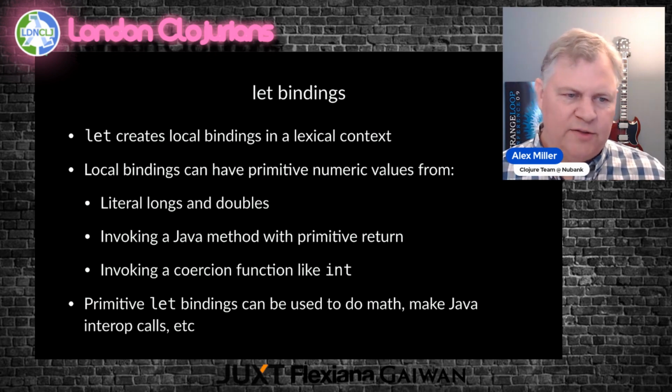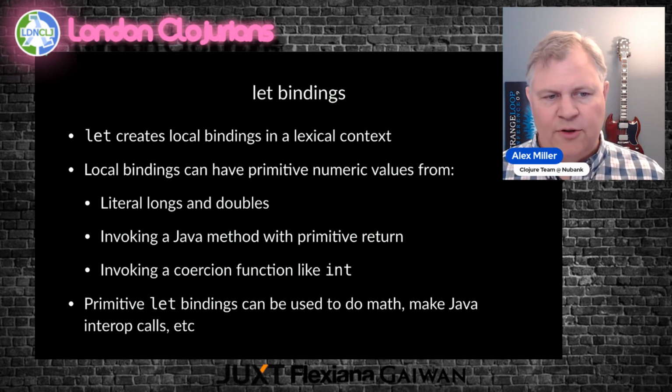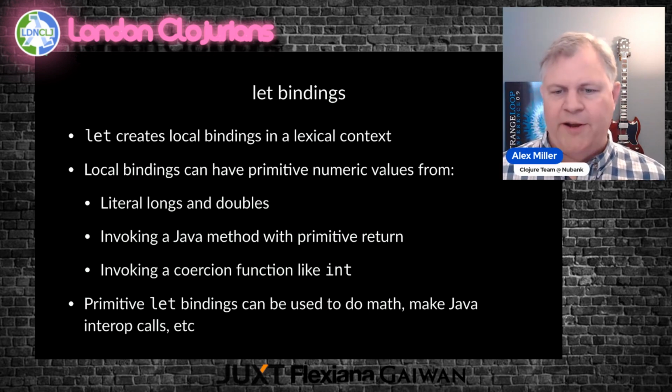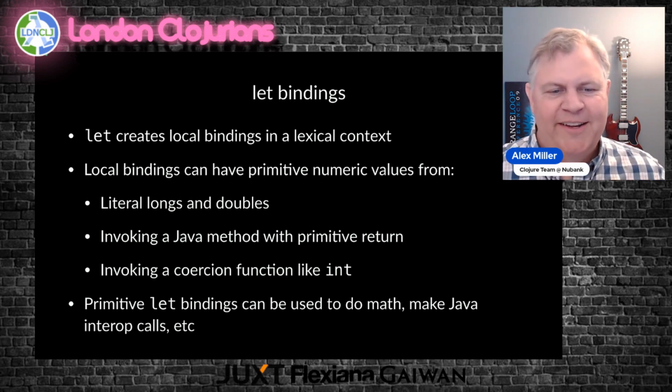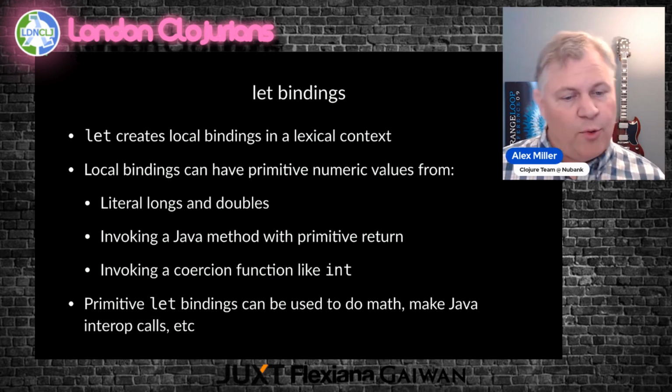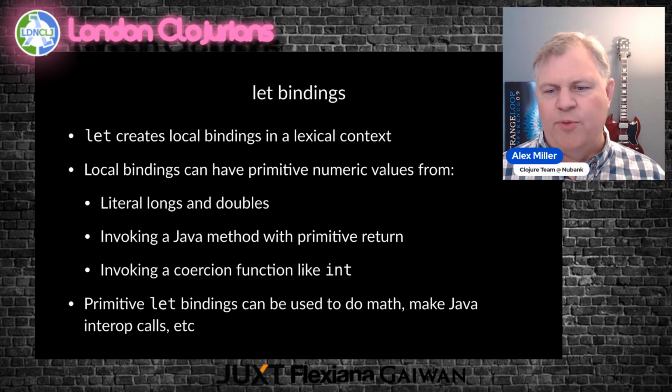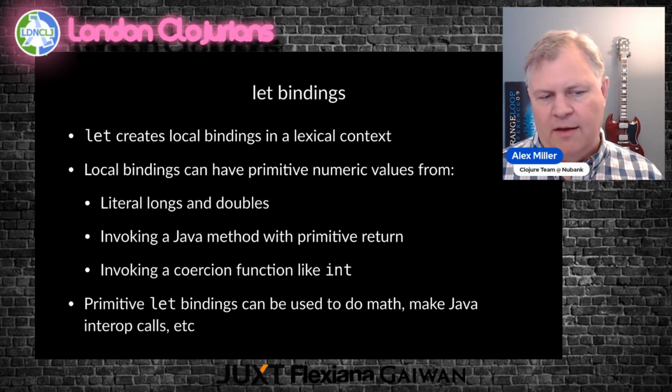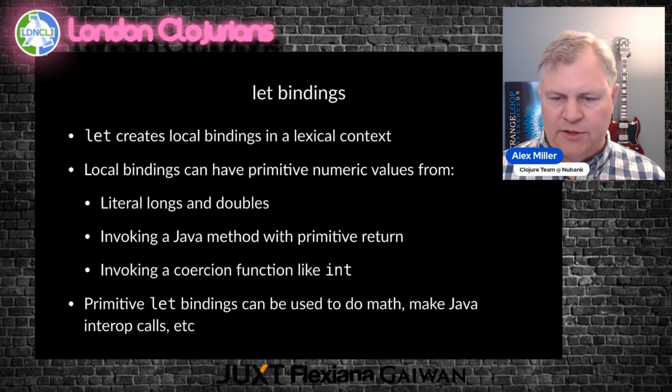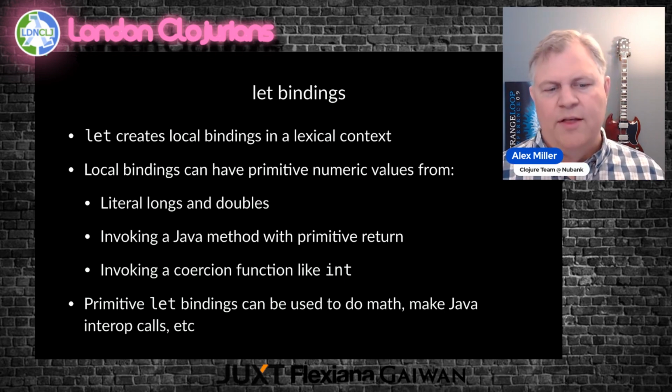You can get those values from using literal longs and doubles, just like putting a number in the code there, that's fine. You can invoke a Java method or a Clojure method that's marked as having a primitive return. It will retain that primitive value. You can invoke a coercion function, like there's a coercion function with the name of the type for all the different primitive types. So there's an int, long, double, float, all those things.